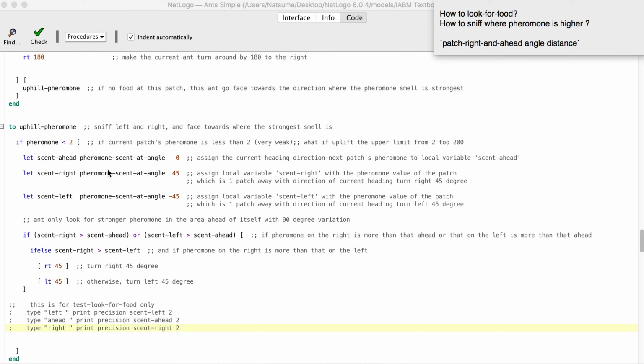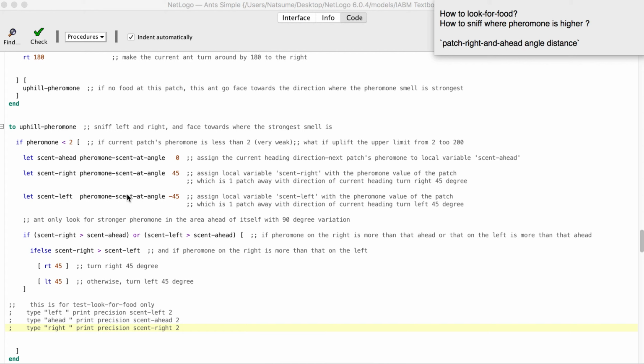And similarly, we find the patch one distance from us, but also change the heading 45 degrees to the right. So it is the patch one distance and 45 degrees to the right from the patch where the ant is standing. We get that patch's pheromone value and assign it to center right.